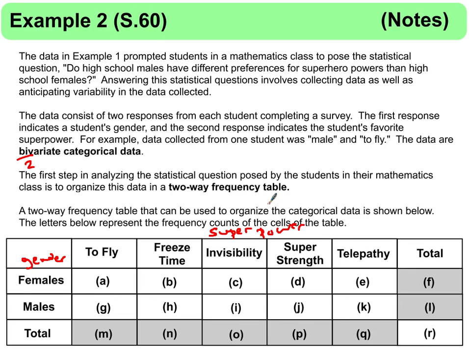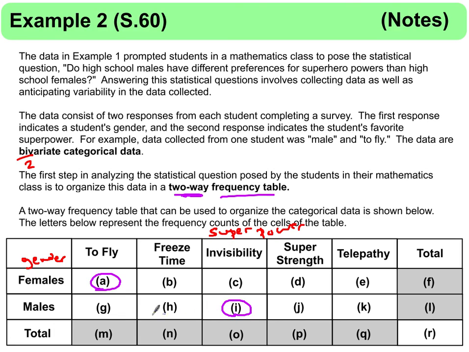So the first step to analyzing this type of data that was collected, this bivariate data, is to create what is known as a two-way frequency table. And so that's what we see down here, a two-way frequency table where we can look at it and say in a moment how many females like to fly, or how many males chose invisibility as their power.